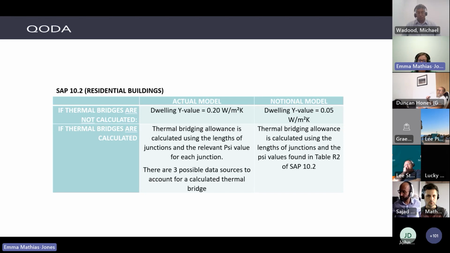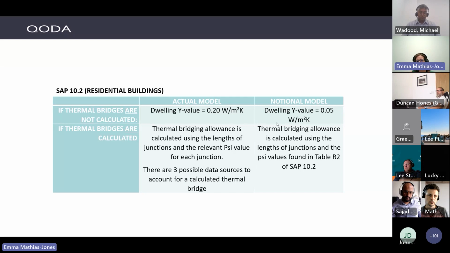So for residential buildings, it makes a lot of sense to calculate them if you can, because otherwise you're going to have to make quite a lot of improvements elsewhere, like more PV or a better infiltration rate or something like that. So it's often more cost effective to calculate your thermal bridges, some if not all.